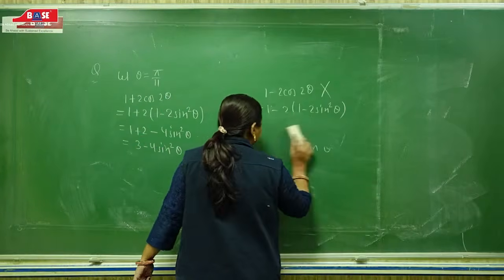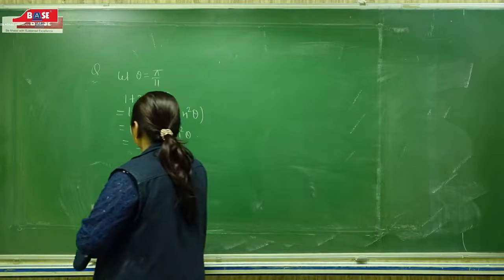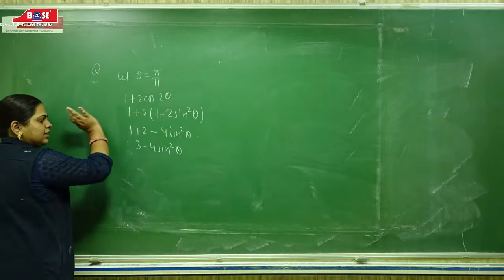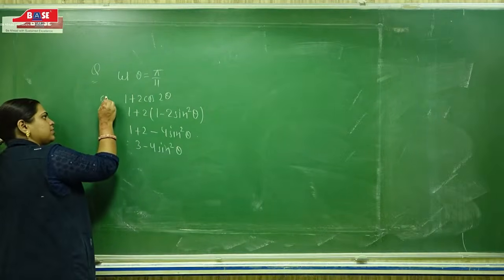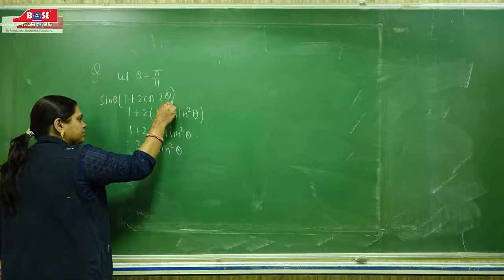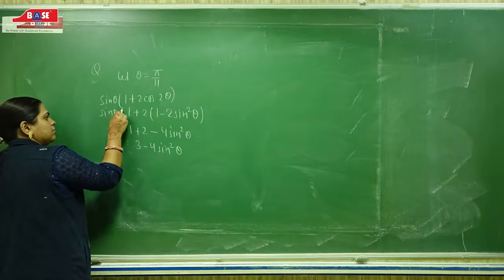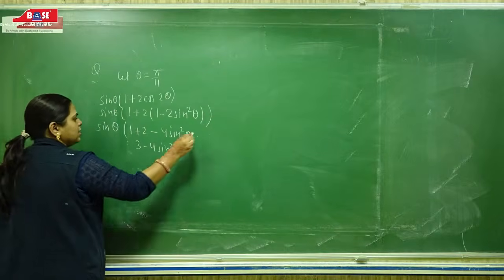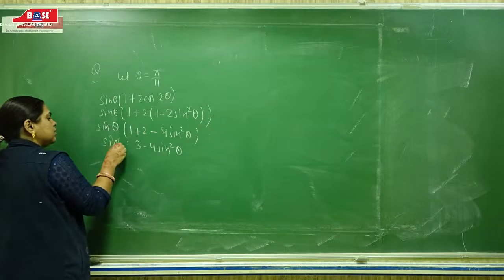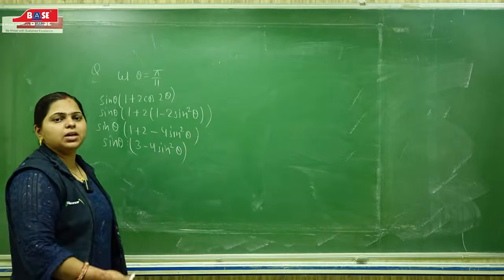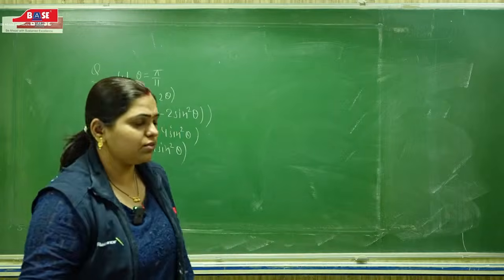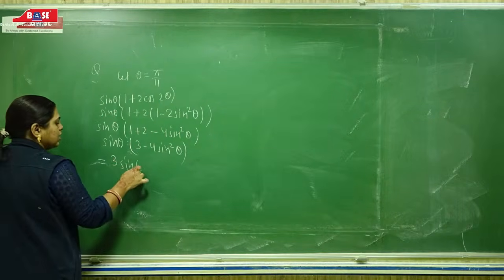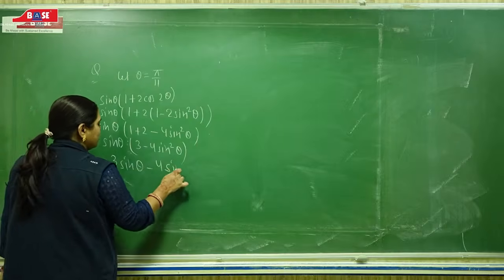Now what we have observed, everyone, is that if I multiply the given expression by sine theta, you got the idea. Now if I am multiplying by sine theta, this will become 3 sine theta minus 4 sine cube theta.